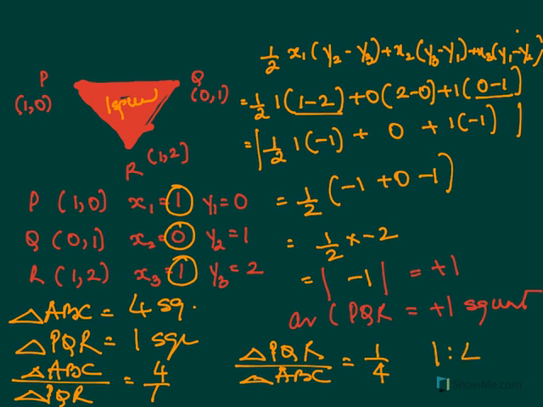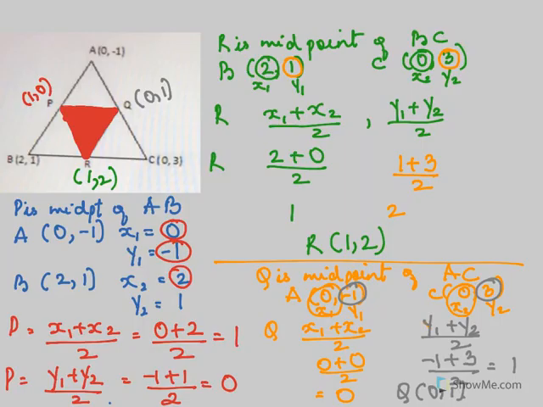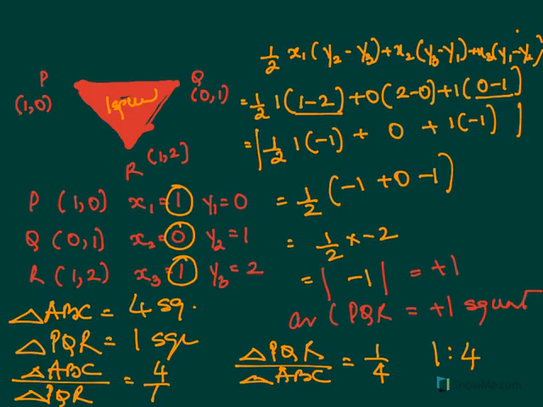So the ratio is 1 is to 4. So in this sum, what we did first, we found the area of the larger triangle ABC by using the formula. Then we found the vertices of PQR. Remember the midpoint formula, x1 plus x2 divided by 2. And then we went ahead and found the area of PQR.